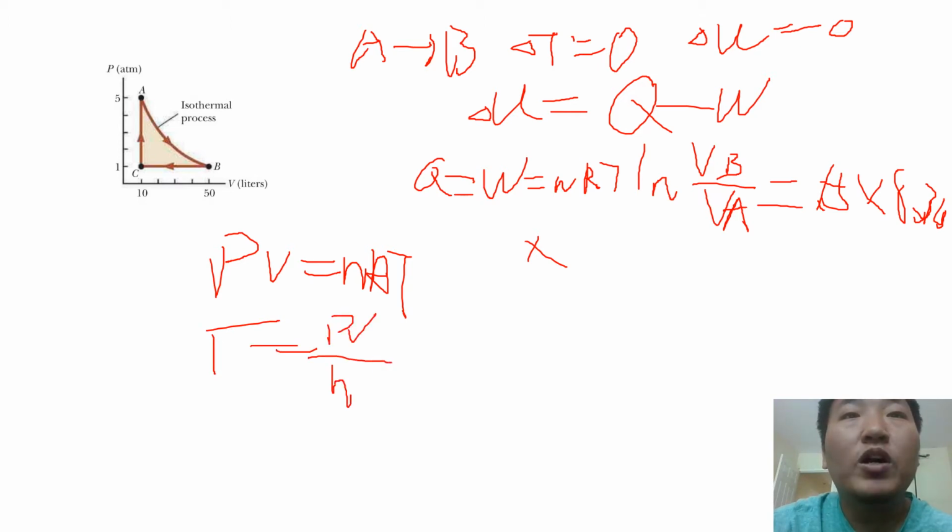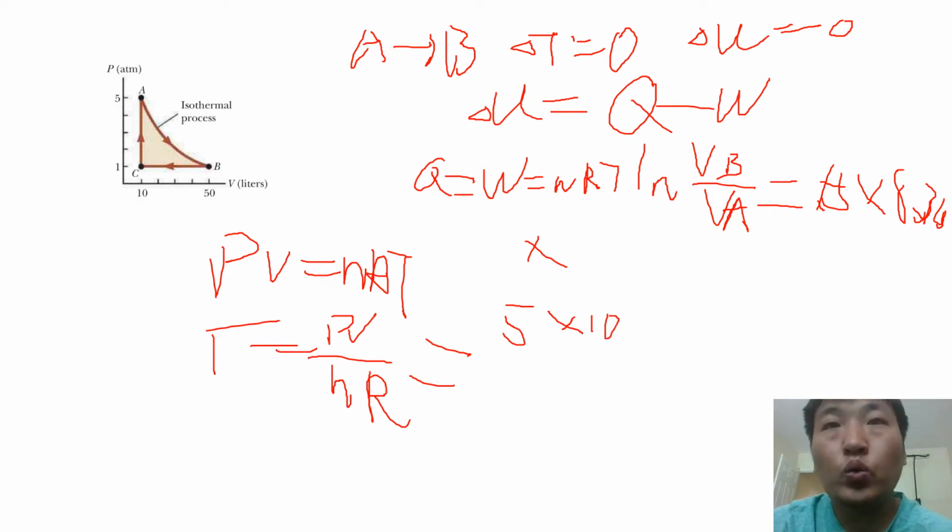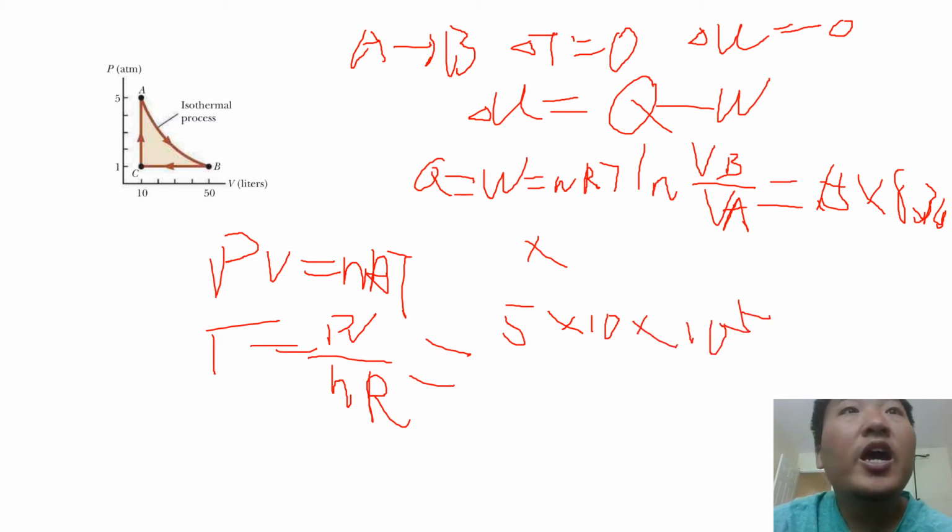And with the numbers given here, P is 5 and V is 10. But you have to notice that this is in atm, so you have to be careful with the units. So it's 10 times 5, and this one is in liters, and a liter is 10 to the minus 3 cubic meters.